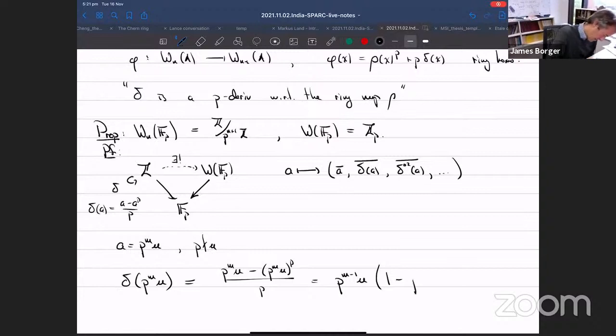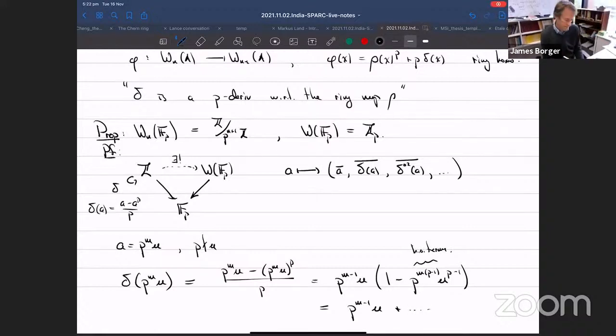I factored out p^m, so p^m times p minus 1 times u^(p-1)). I think that's right. So what is this? This is just p^(m-1) u. So assuming m is non-zero, so at least one power of p divides a, then this will be a higher order p-adic term. So these are higher order terms.